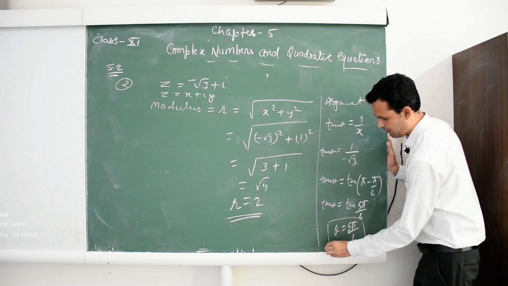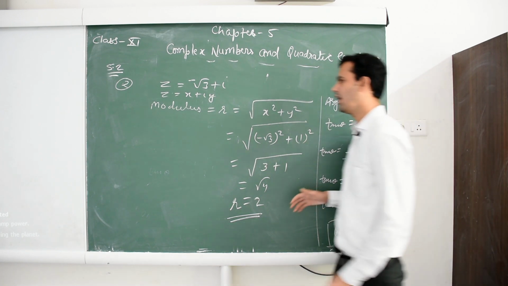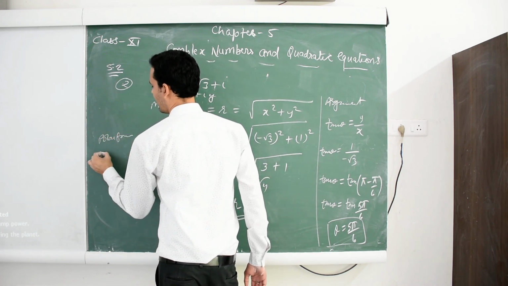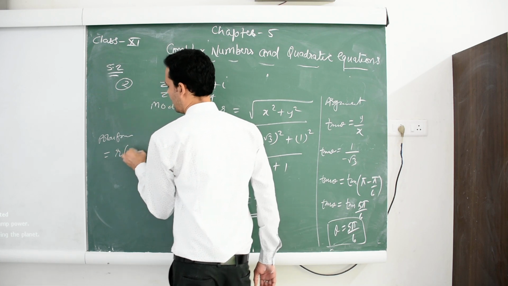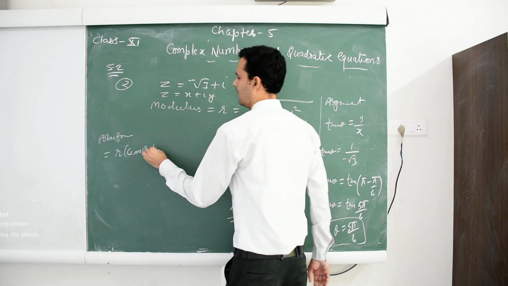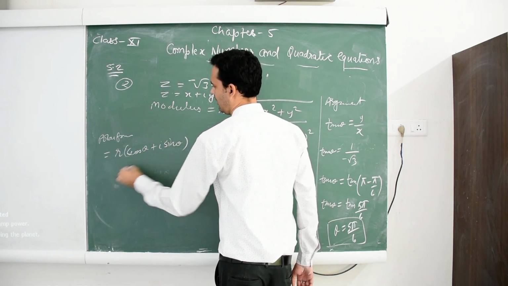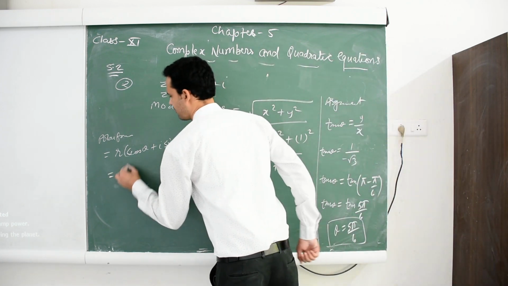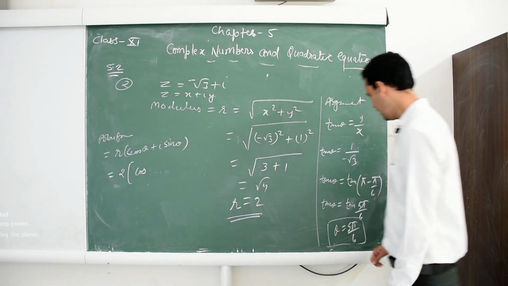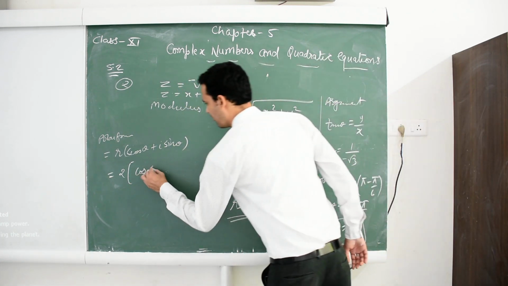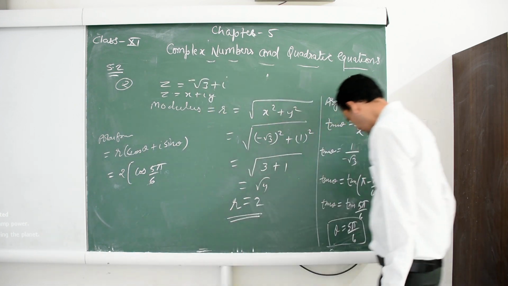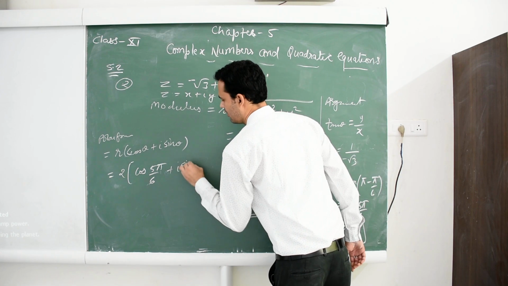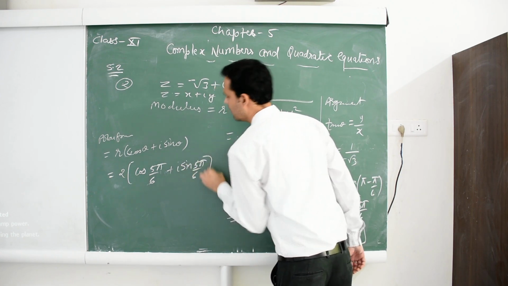This is the argument. If we write it in polar form, then r (cos theta plus i sin theta). r is the modulus 2, theta is 5 pi by 6, so 2 (cos 5 pi by 6 plus i sin 5 pi by 6).